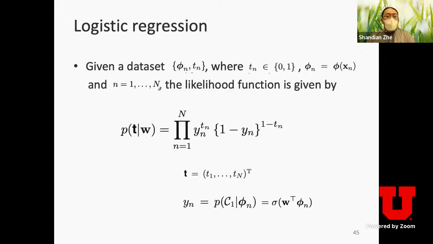Suppose we have N observations. Each input feature vector is denoted by phi_n, and the output, which is labeled, is either 0 or 1.